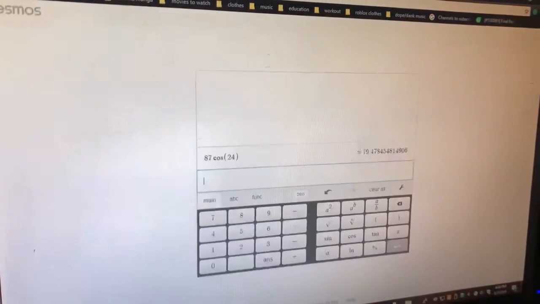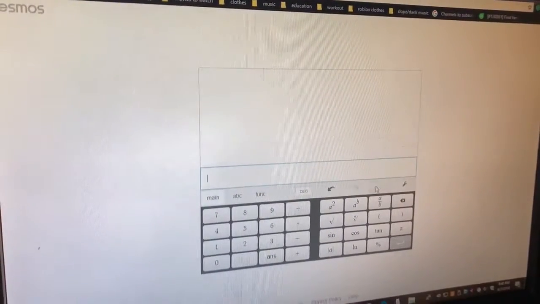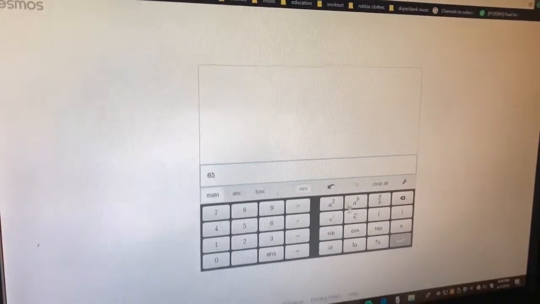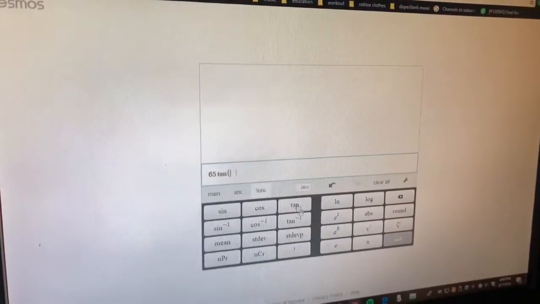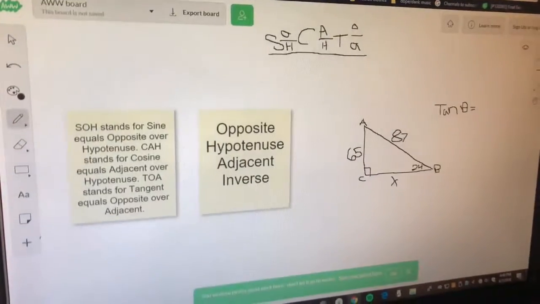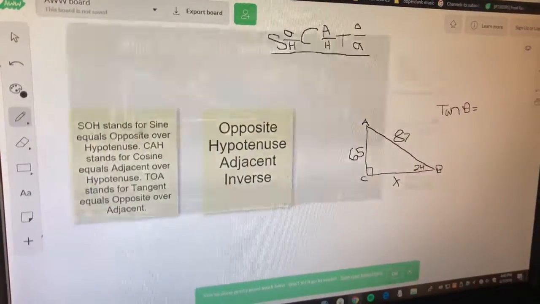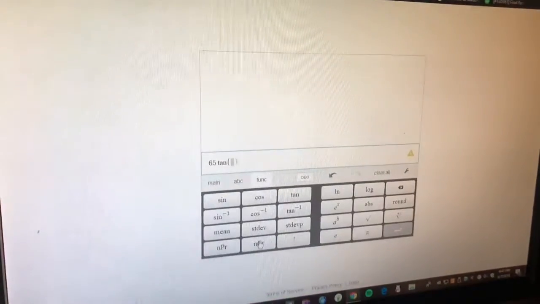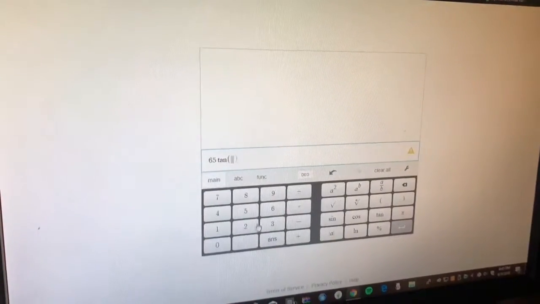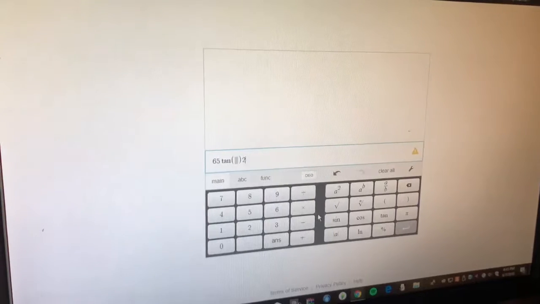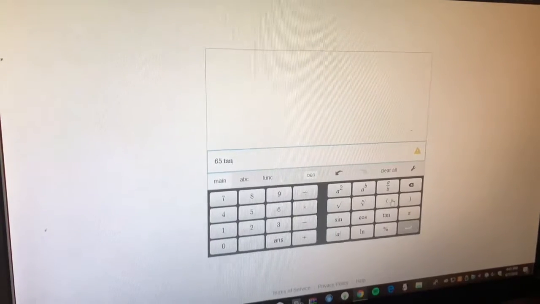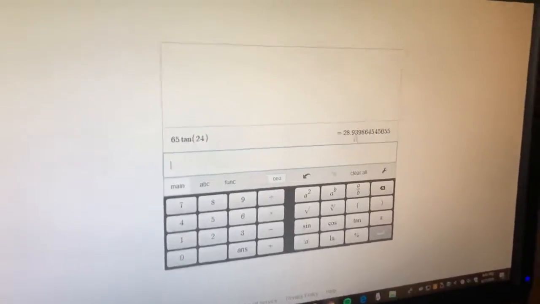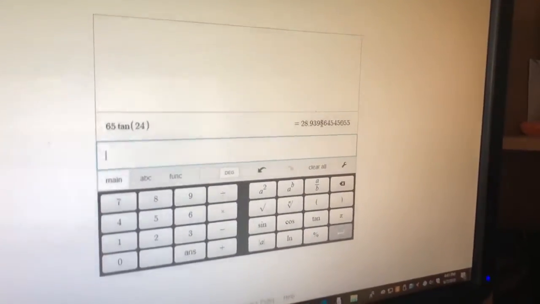So you want to plug that into your calculator, 65, after you cross multiply, of course. Tan of 24. There you go, 24. And you should get 29 rounded.